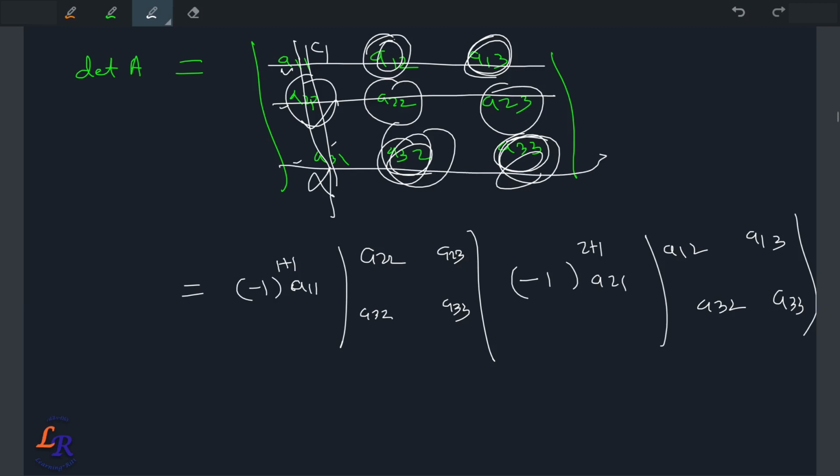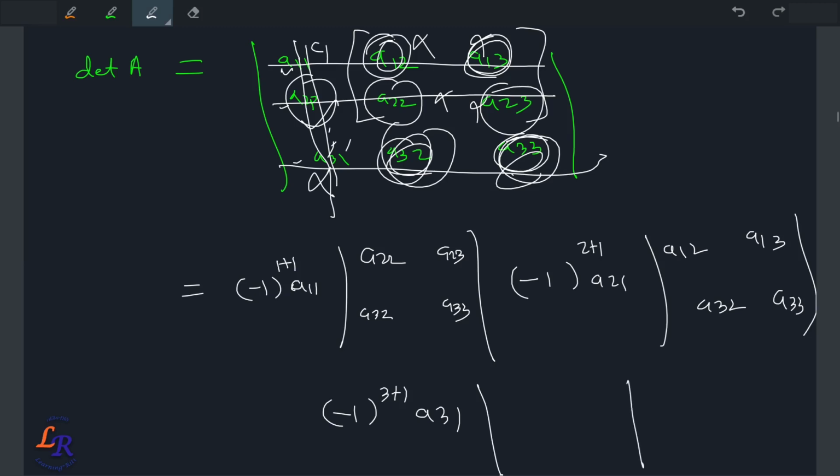So I will be left with A12, A13, A32, A33, right? Similarly for the third element of the column, I have to leave the elements of this row and this column. So it will be minus 1 to the power 3 plus 1, and A31.